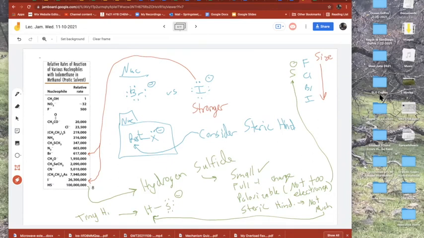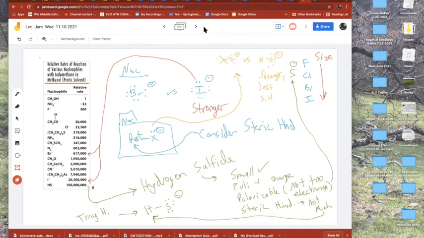I try to avoid yellow usually, but I'm going to do it. If I have the butyl versus hydrogen sulfide, what's the stronger nucleophile? Less steric hindrance, because the rest of it has less steric hindrance.